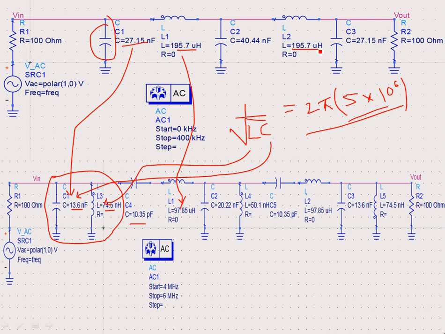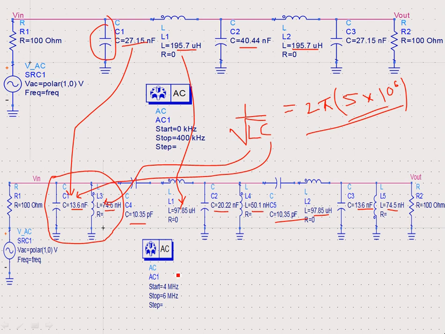On either side, the inductor is 195.7, so this becomes half, and then you find the capacitor which is going to resonate with that inductor at 5 megahertz. Then you do the same calculations just like you did for the first shunt branch. For the shunt branch in the center, this is 40.44 nanofarads, divided by half, and then find the inductor which resonates with the corresponding capacitor at 5 megahertz.